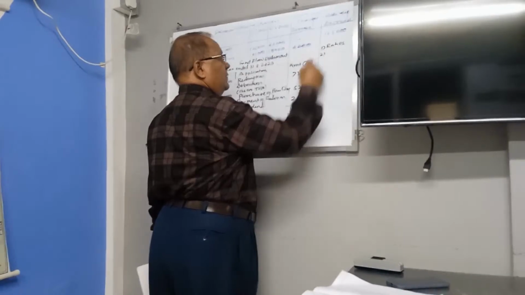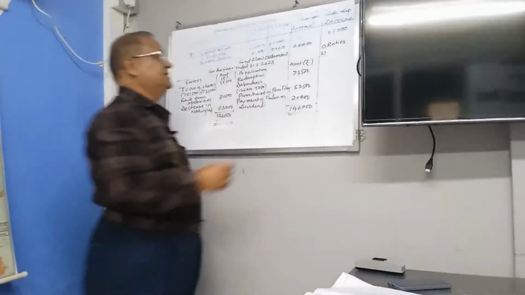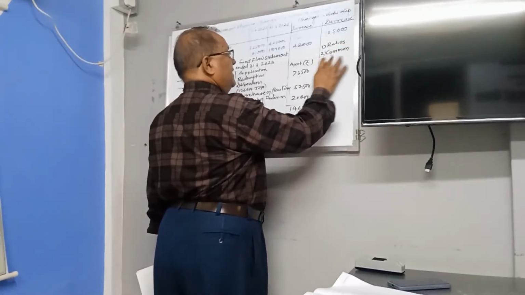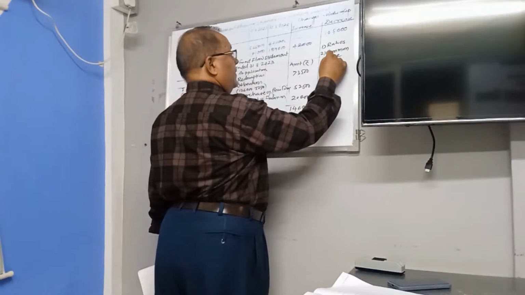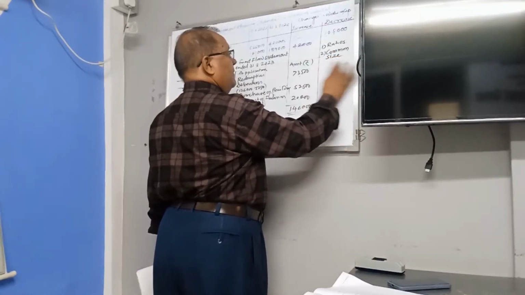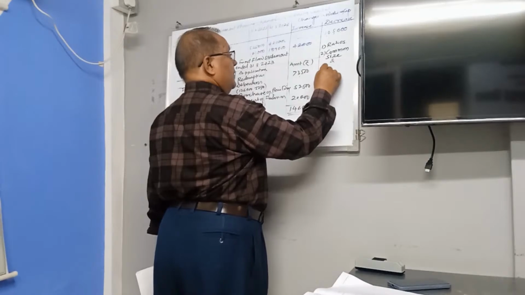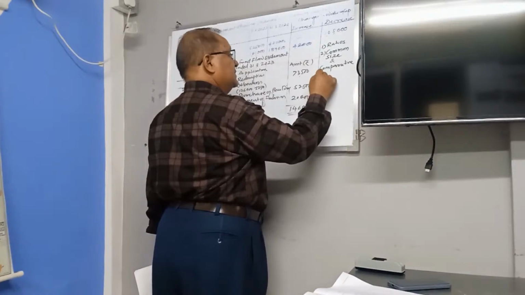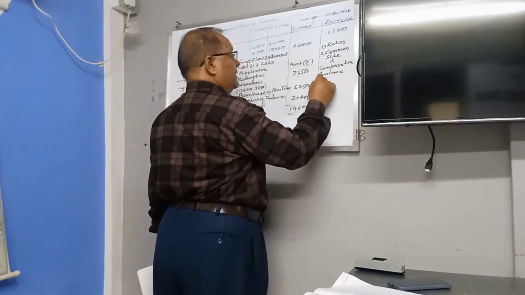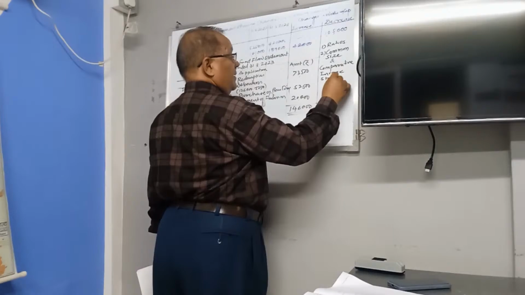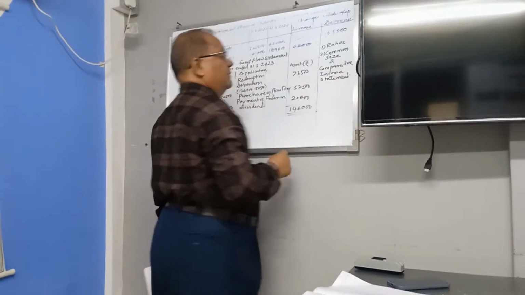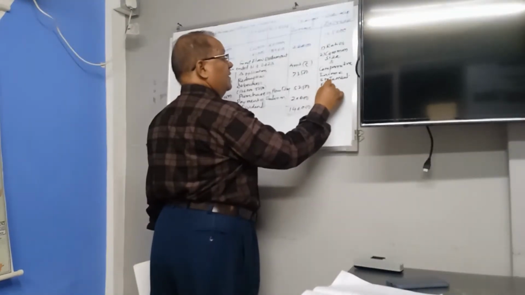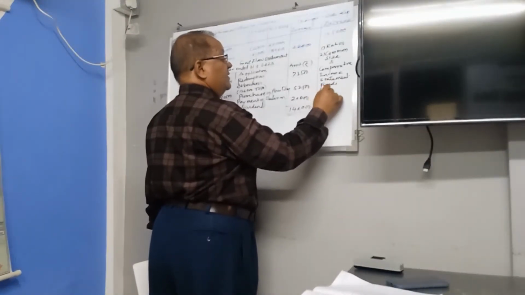Then common size statement, or comparative, and common size income statement. Then fund flow statement problem.